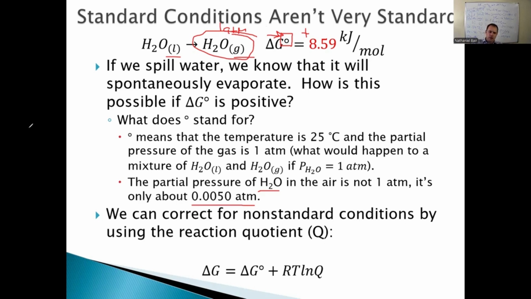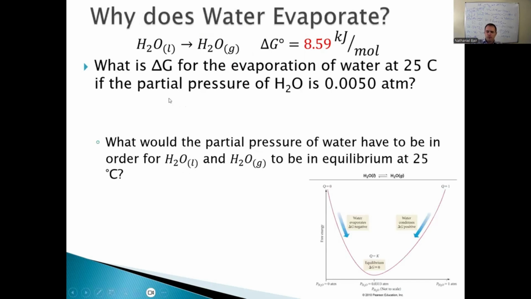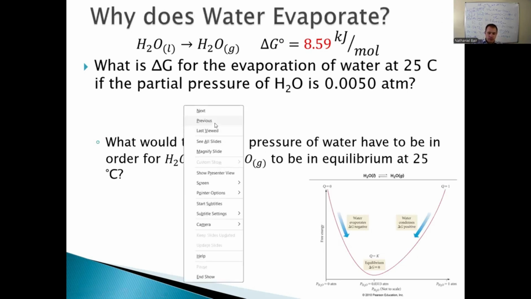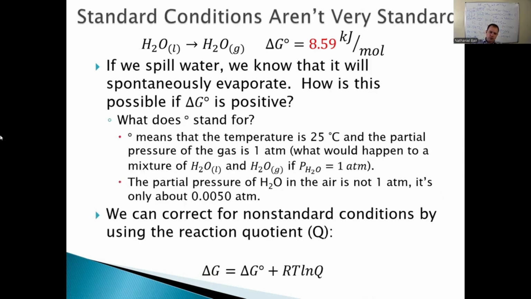Well, of course, we got a formula for that. Oh, hang on. Let's go back. Did I miss the formula? No, my thing was covering it up. I knew the formula was somewhere. Here's the formula, folks. You can calculate delta G under non-standard conditions.